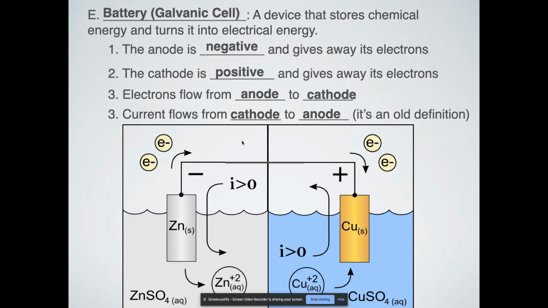So instead, now people just kind of know that, okay, great, even though the electrons are moving this direction, the electrical current is defined as going from this side to that side, okay? And so again, I know it doesn't make a whole lot of sense, but it's just because of an old definition.